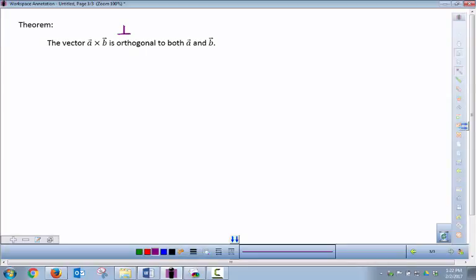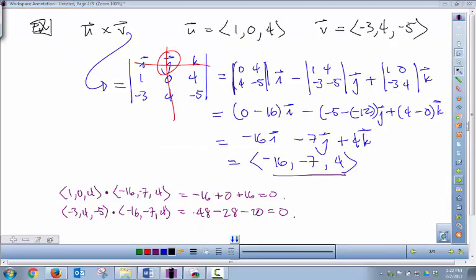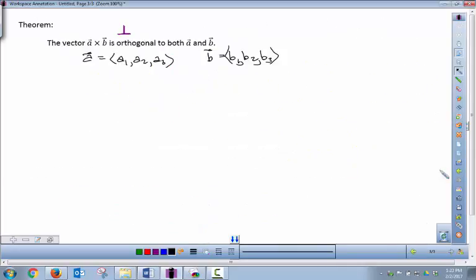And to prove that, we did an example that's not exactly a proof. To prove that, what you could do is you can let A equal A1, A2, A3, and then you let B equal B1, B2, B3. And then you perform the cross product on this, which is actually the definition, right? Can the cross product work for a vector that doesn't have 3? Oh, we'll take a look at that in a minute.